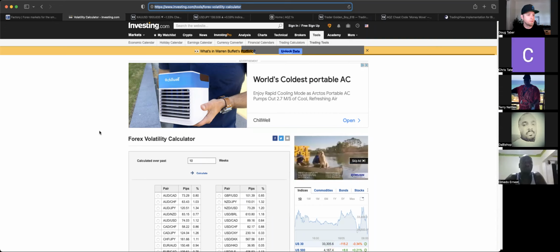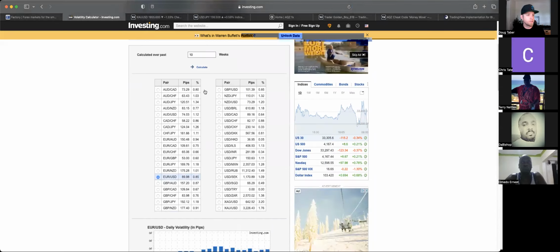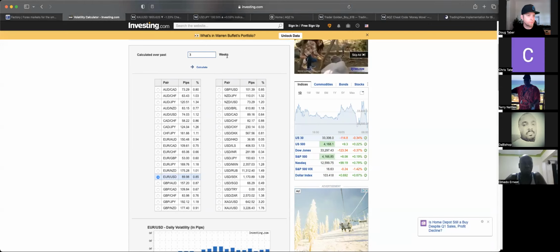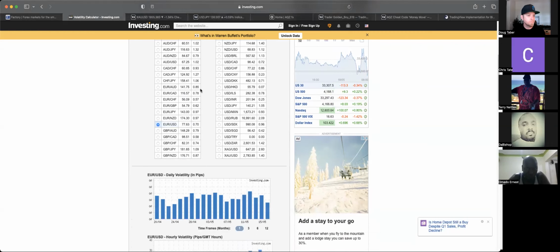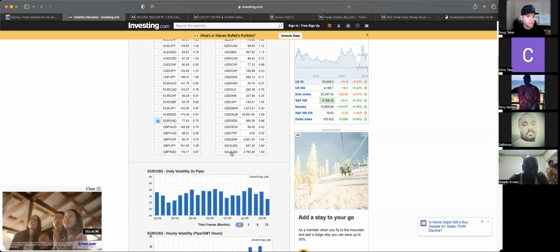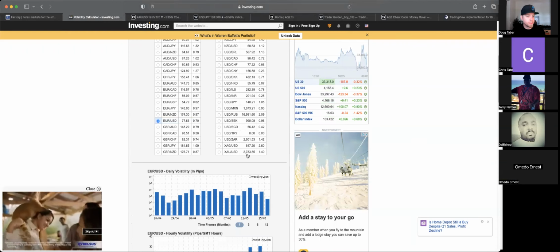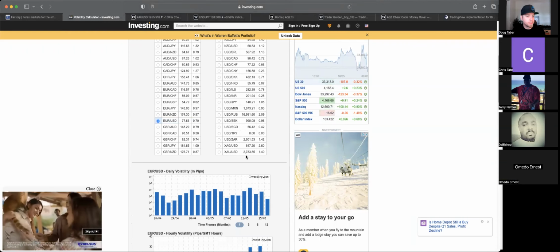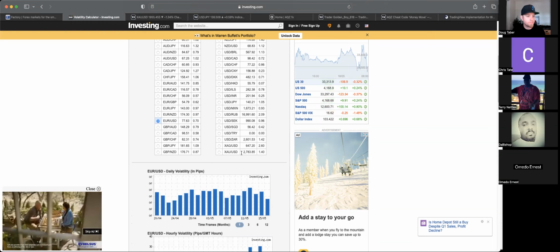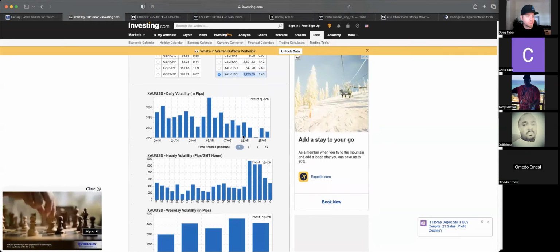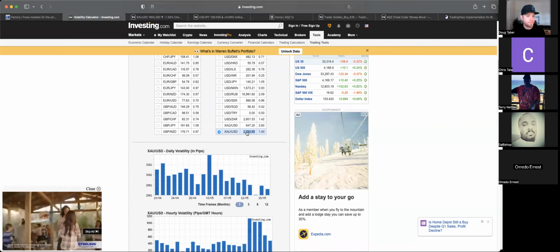And how we're going to do so is the first thing you want to do is go to calculated over past, and you want to go the last 3 weeks. So the most recent market movement. And we can see that gold down here is 278 pips on average per day.